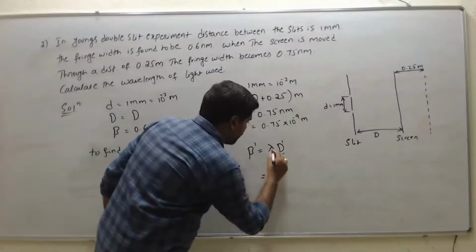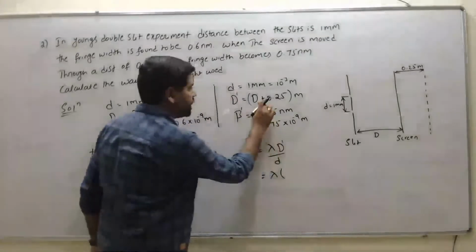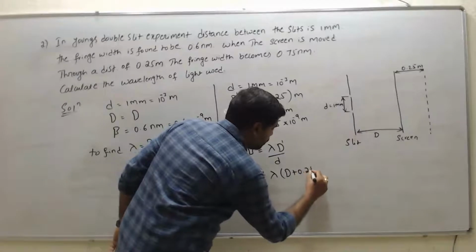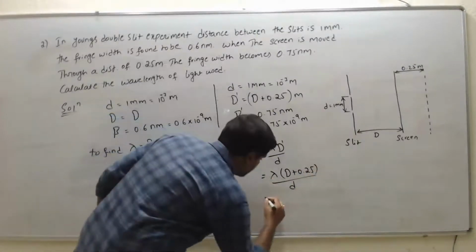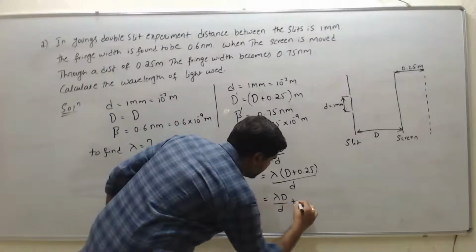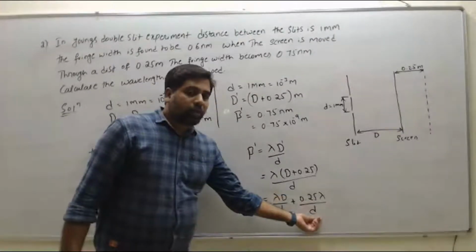So if we substitute the value of lambda, D dash can be written as D plus 0.25. Further simplifying, we get lambda D divided by d plus 0.25 lambda divided by d.